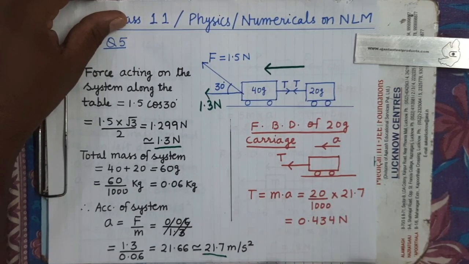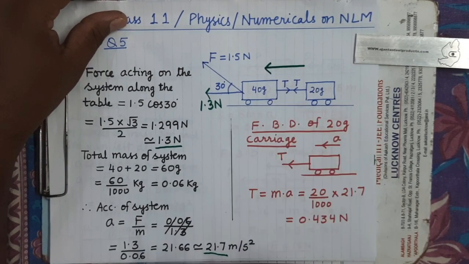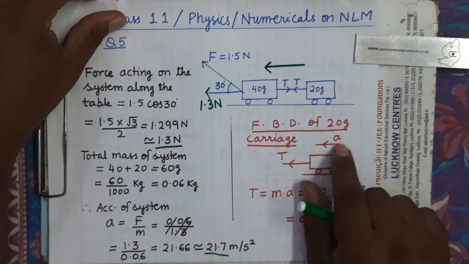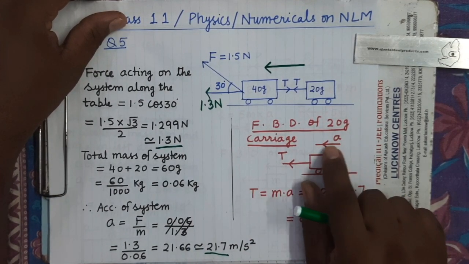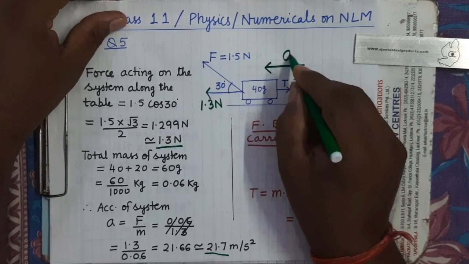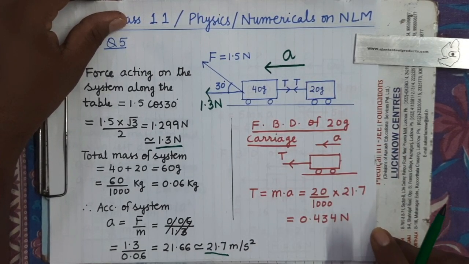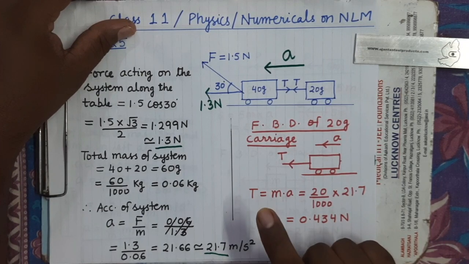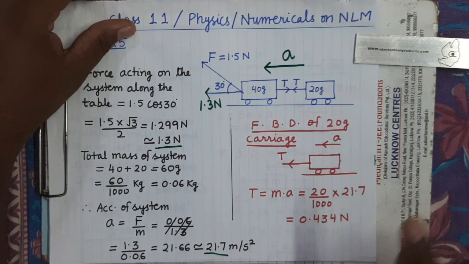See here, this is the 20 gram carriage. How much force is acting in this direction? T. How much is acting in this direction? No force is acting. It is going in this direction with acceleration A. As you know, the equation of motion is force equals mass into acceleration.